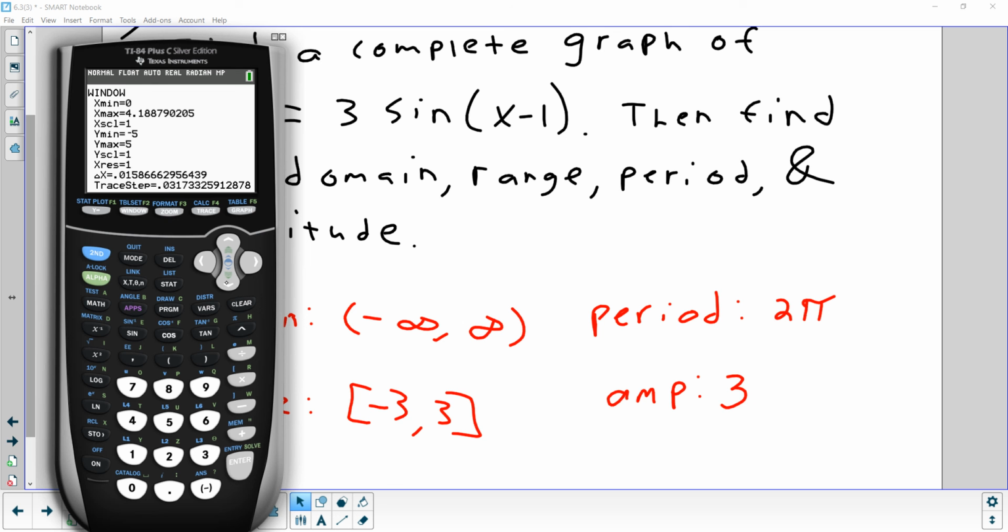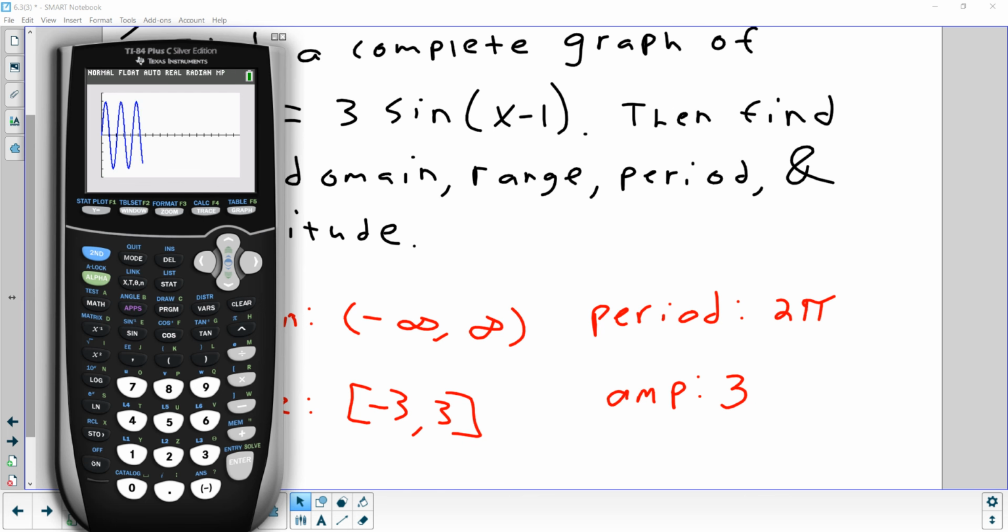I want 6 pi. The point here is if you want to show 3 cycles, you need a window that is 6 pi wide. So technically, you could do 1 pi to 7 pi. You could do 2 pi to 8 pi. You could do negative 3 pi to positive 3 pi, that's 6 pi. You need something that's 6 pi. I usually just do 0 as the min.